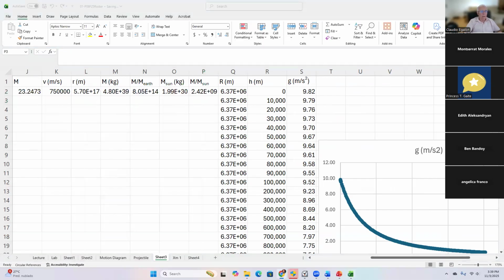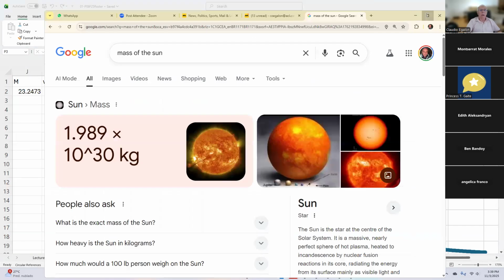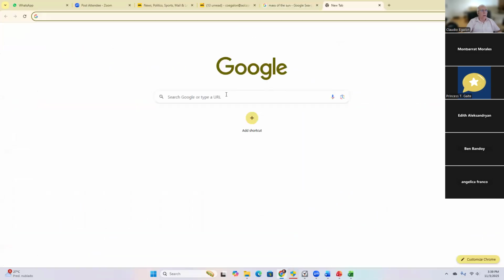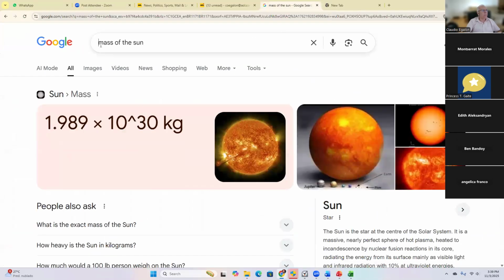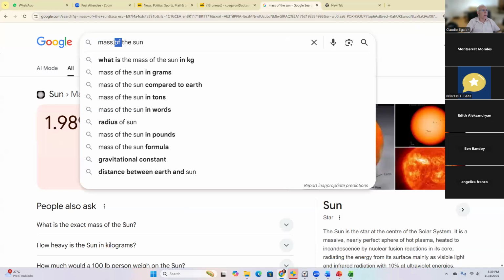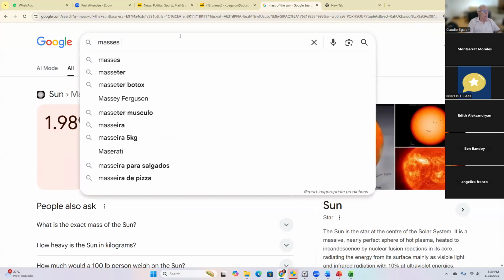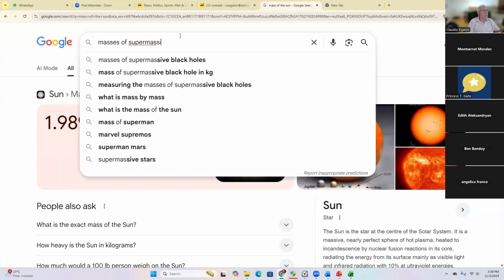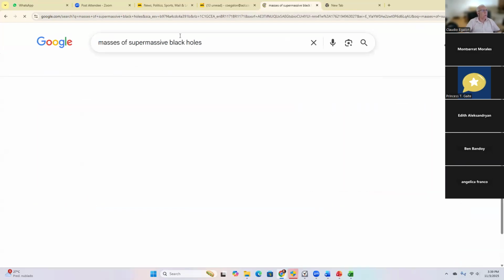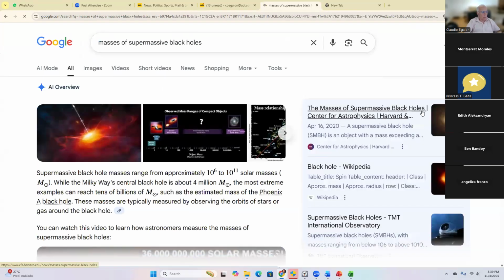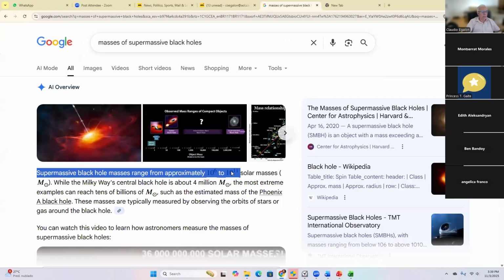Okay. Let's take a look at Wikipedia, masses of supermassive black holes. Supermassive black hole masses range from approximately 10 to the 6 to 10 to the 11.